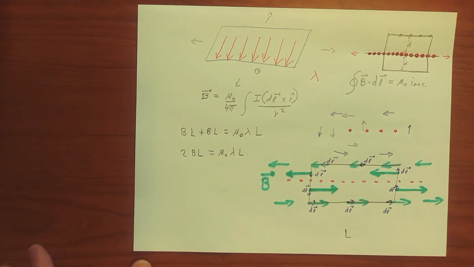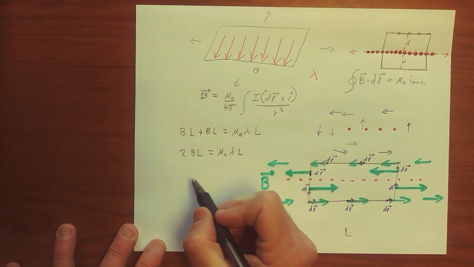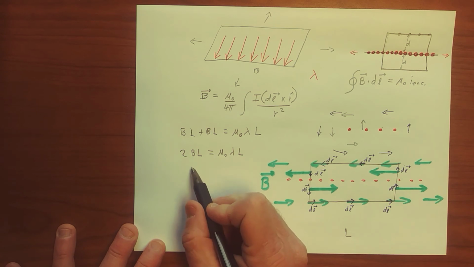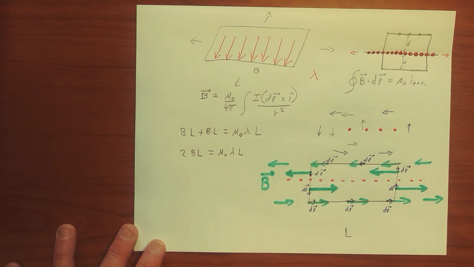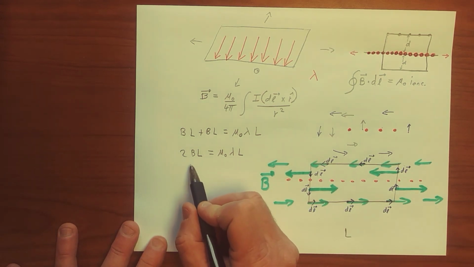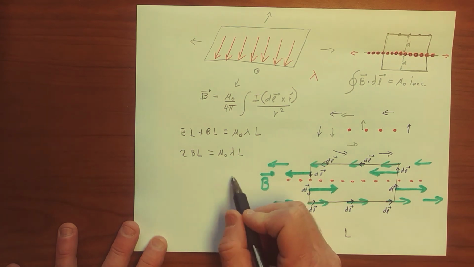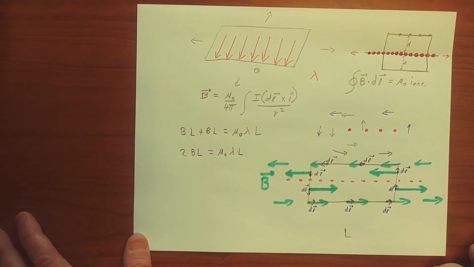Very similar to Gauss's law for electric fields for the infinitely large uniformly charged plane, where we had twice the electric field times the area. There we had a top area and a bottom area, and the left-hand side became 2E times area, and the right-hand side was charge density times one factor of area.